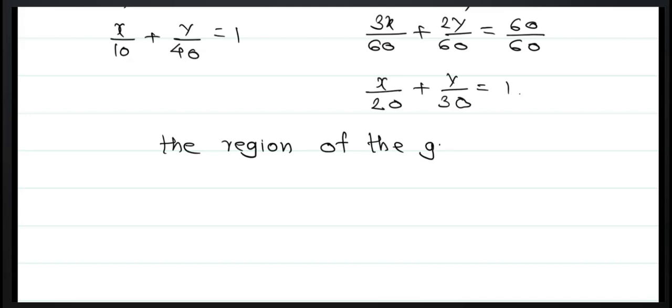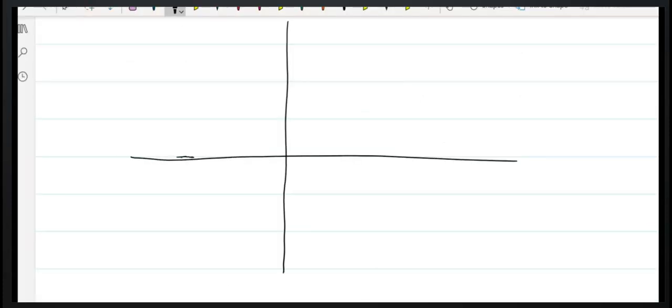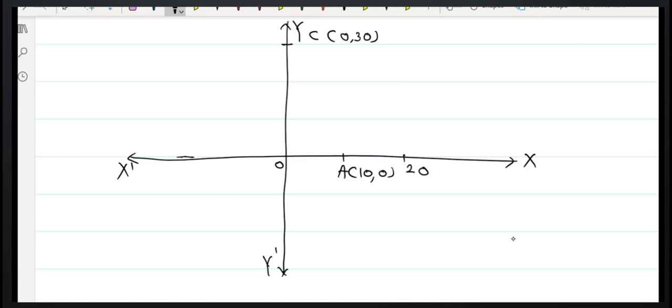The region of the given constraints is shaded. Now see this x-axis, y-axis. The point A is (10, 0). C is (0, 30).